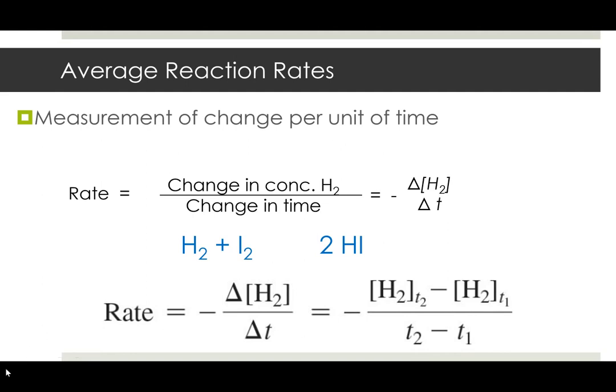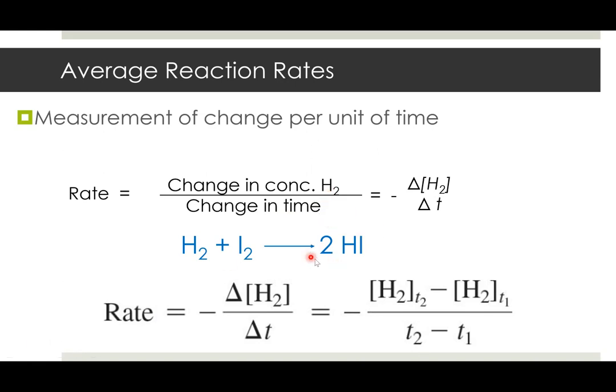Okay. The last thing that we have to address before we can dive into some data, dive into some examples, is this. So yes, the reactants are always going to go down. Yes, the products are always going to go up. But what's the last thing that we need to consider?